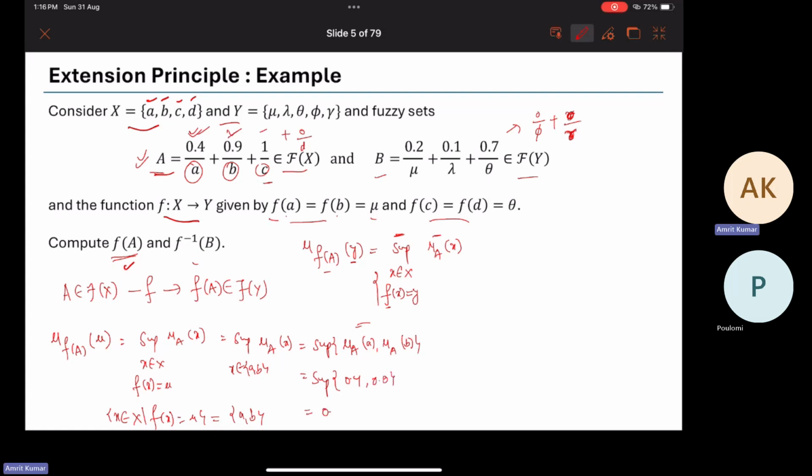The supremum of these two numbers is 0.9. So this is the membership of mu in the fuzzy set f of A. Similarly, suppose I want to compute the membership of lambda.